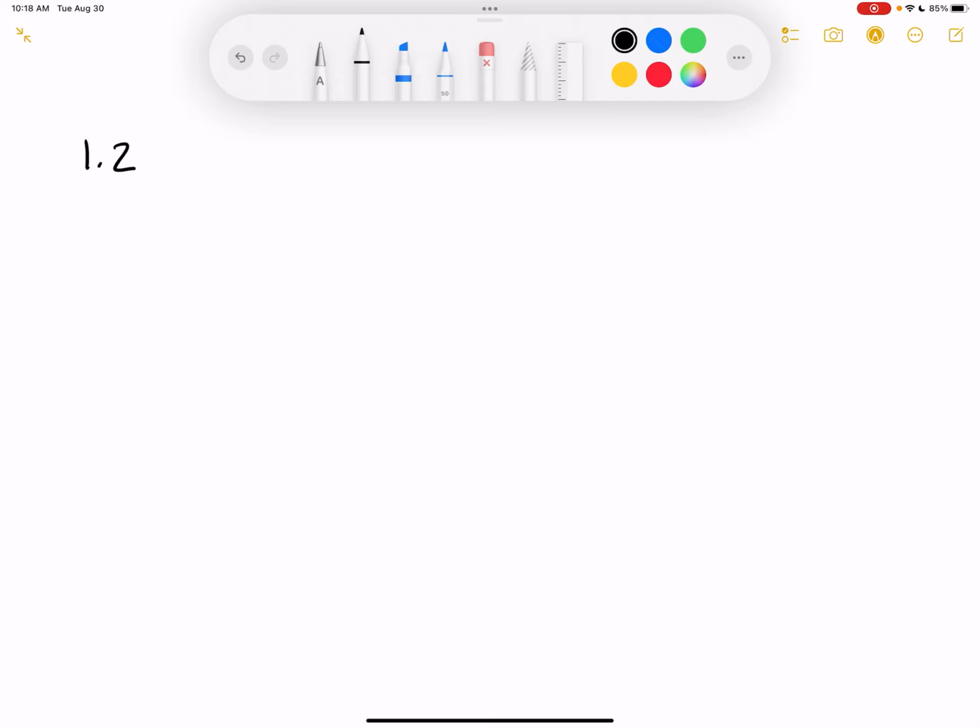All right, so this is 1.2, apply orders of operations.